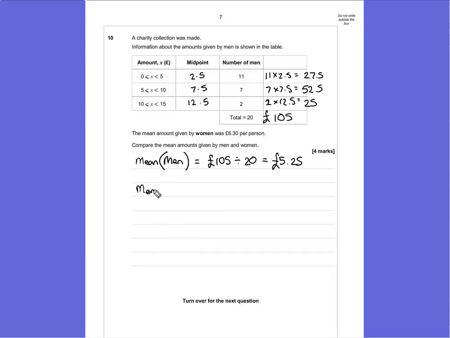So men gave less money per person compared to the women. So the men gave £5.25, the women gave £6.30.